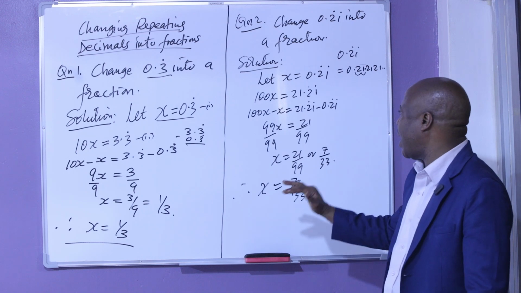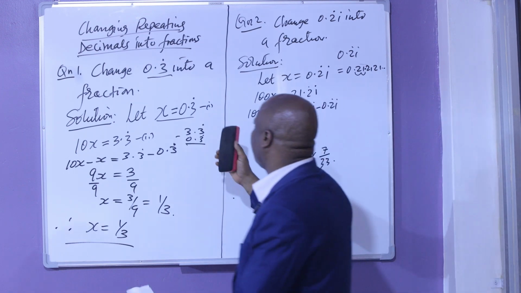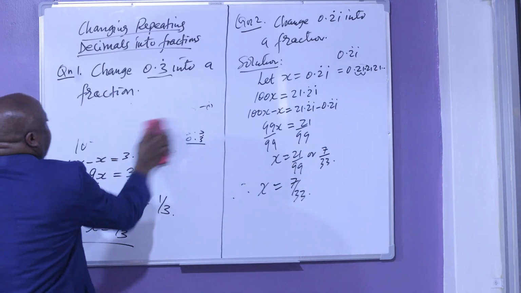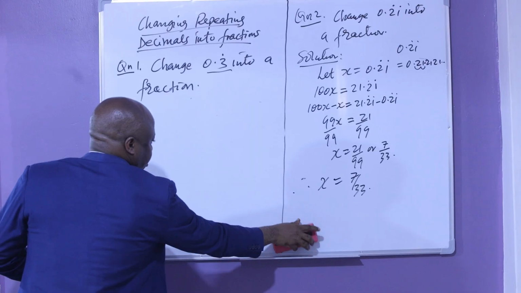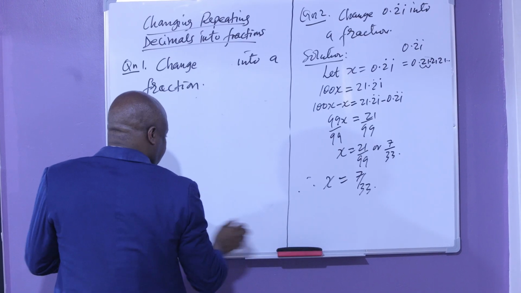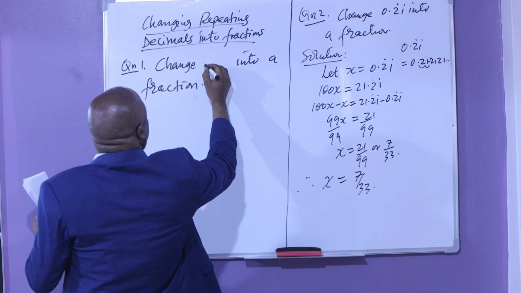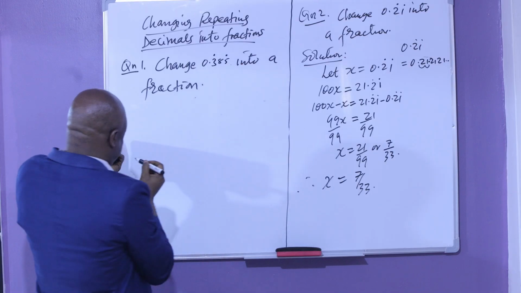It happens that you are having 3 decimal places. Let's look at this example. Having 3 decimal places, let me take an example of changing 0.385 with dots, repeating.